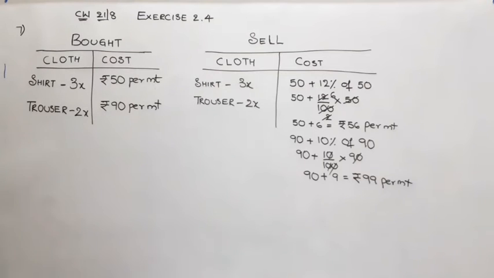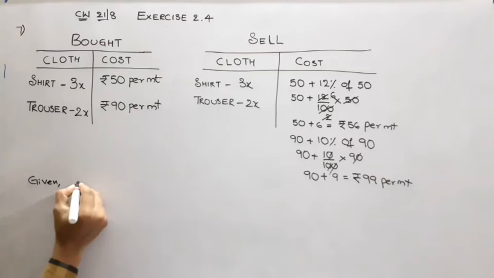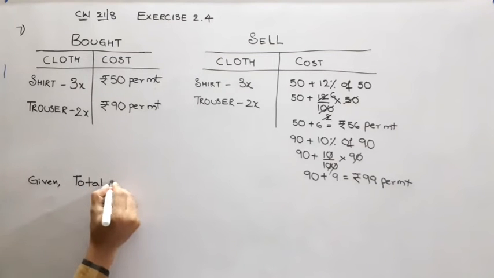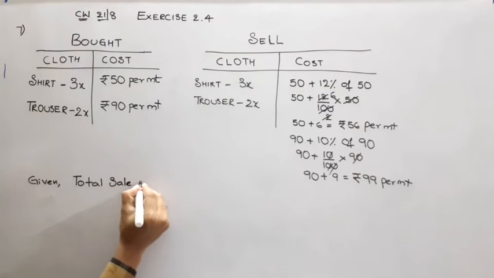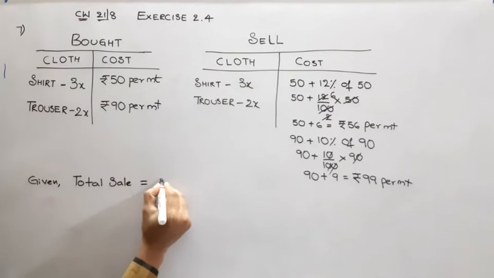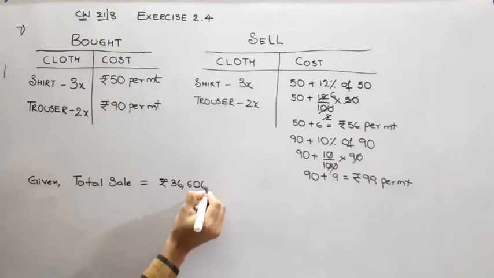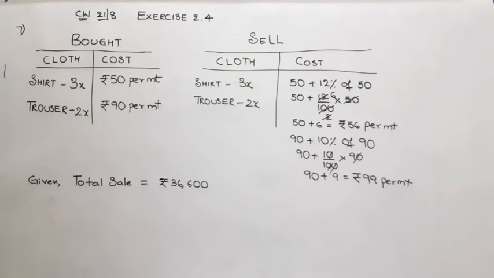Now, using that case, continue the question. His total sale is, now look, given total sale is equal to rupees 36,600.